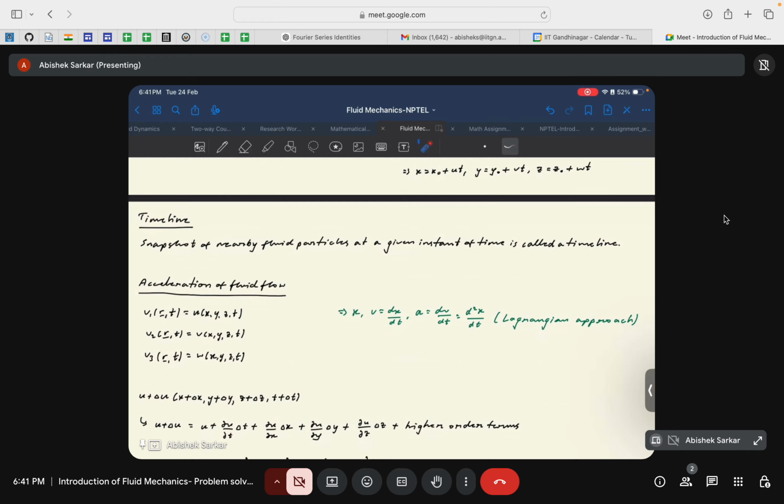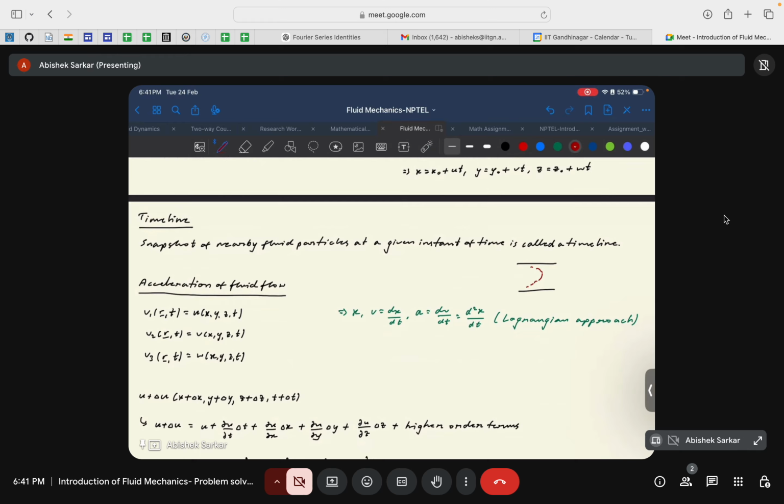But still, by definition, a timeline means the snapshot of all the nearby fluid particles at a given instant of time. For example, if there is a flow field and for a particular instant of time, all the fluid particles are arranged in this way. This is the flow domain and all the fluid particles are arranged in this particular manner. This does not represent that the fluid particles were injected from a particular point.